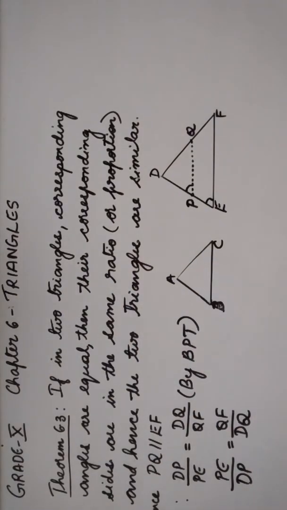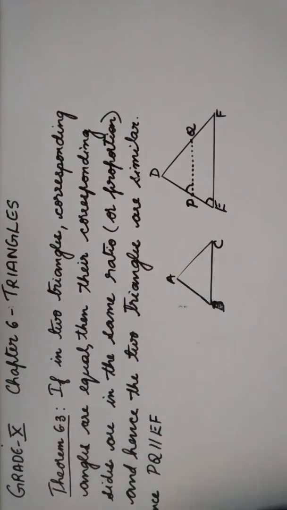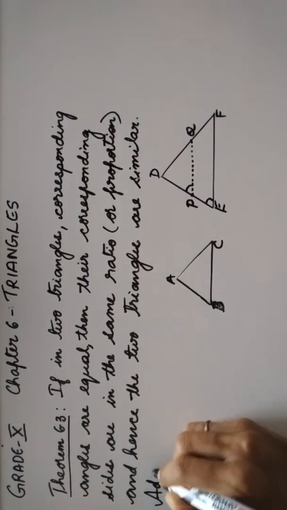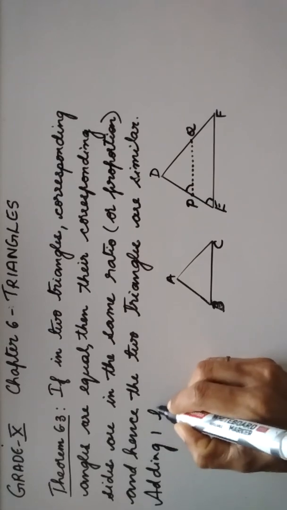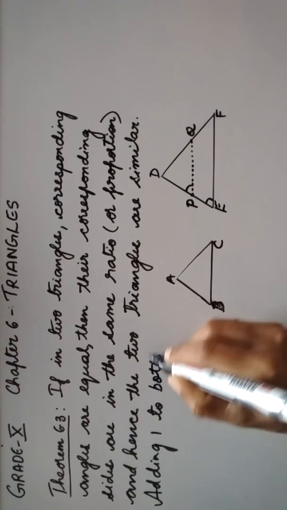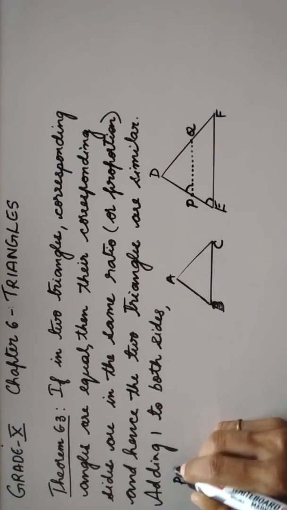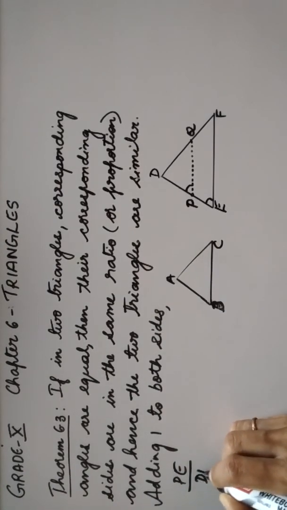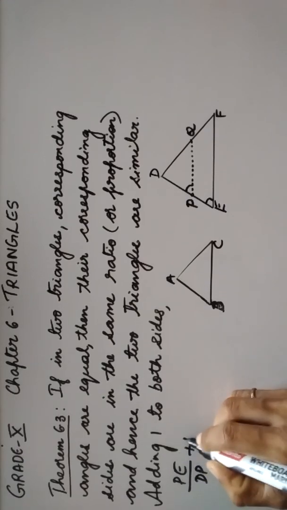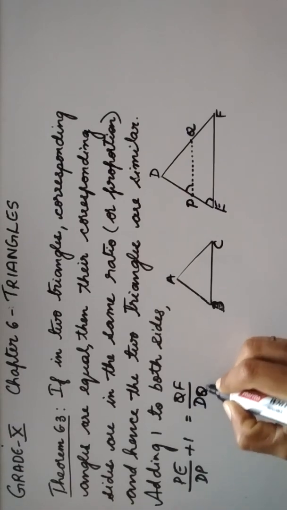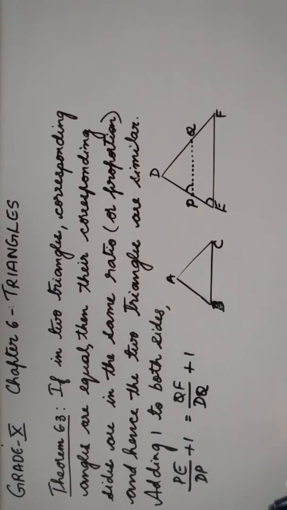And then adding 1 to both sides of the reciprocal, we get PE by DP plus 1 is equal to QF by DQ plus 1.